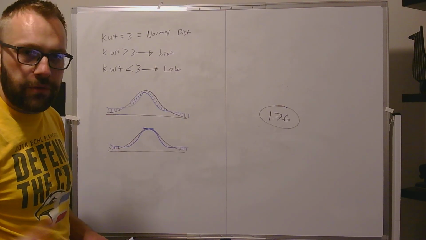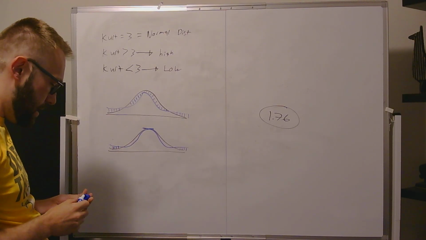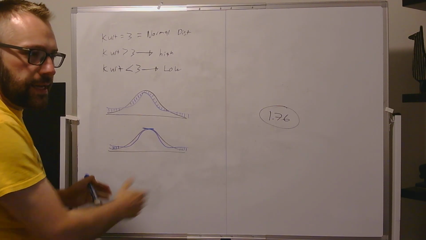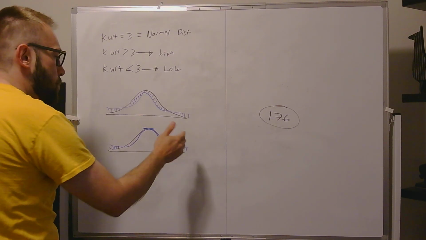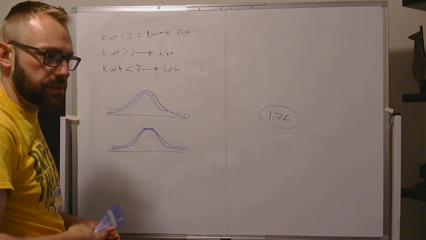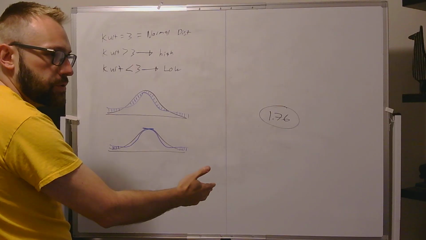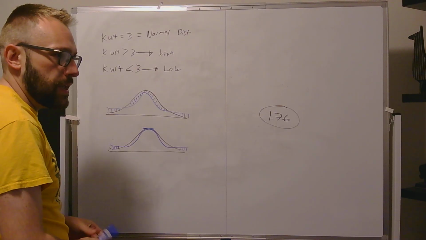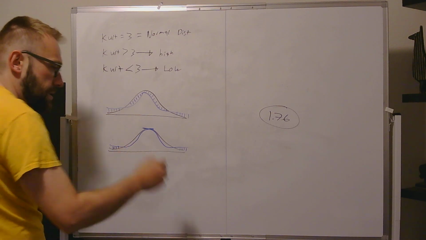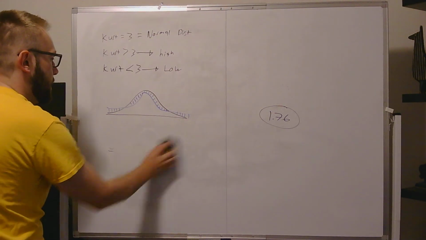The key takeaway for a high kurtosis that I want you guys to remember is literally just the tails. It's literally saying we have more frequency in our extreme values in terms of our distribution. So more of our values are on the extremes in the distribution than they are relative to, say, a normal distribution. So that's the big punchline for high kurtosis.